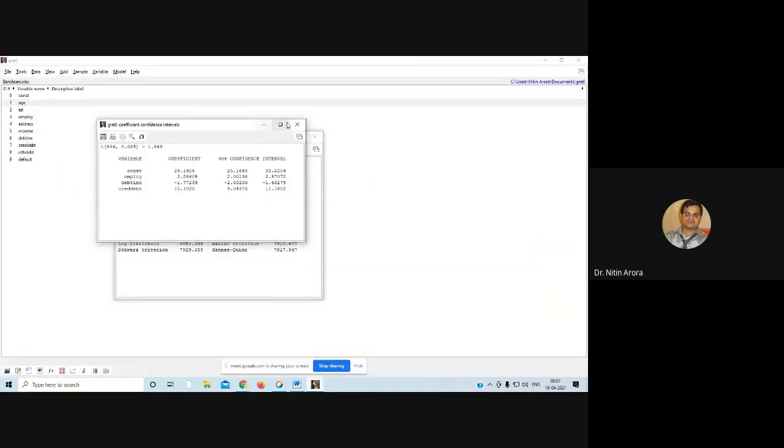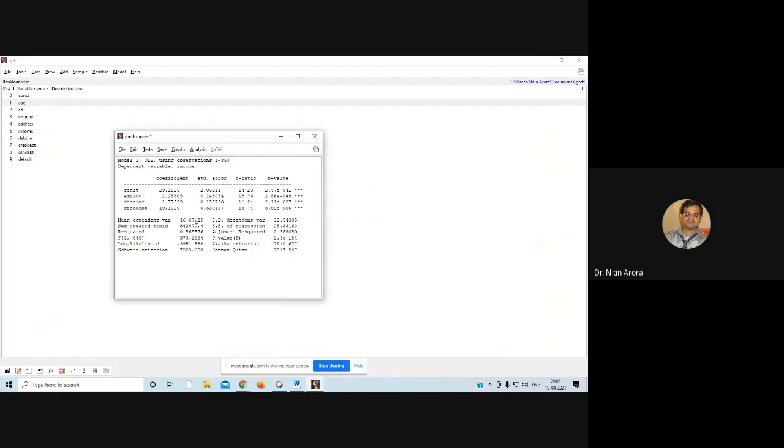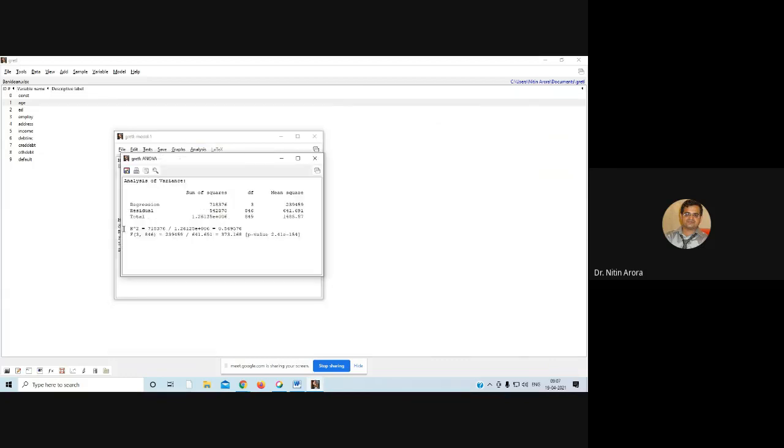Using this analysis option. Now further in analysis we have many other options. We can build an ANOVA table: go to the analysis menu of your results, click on ANOVA, and we can get the ANOVA results. This is the ANOVA table with the F statistic.